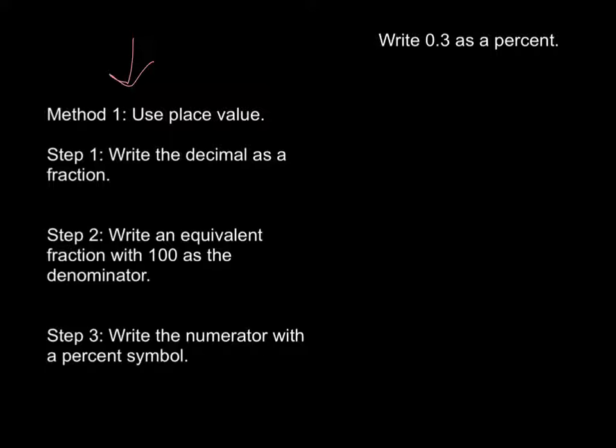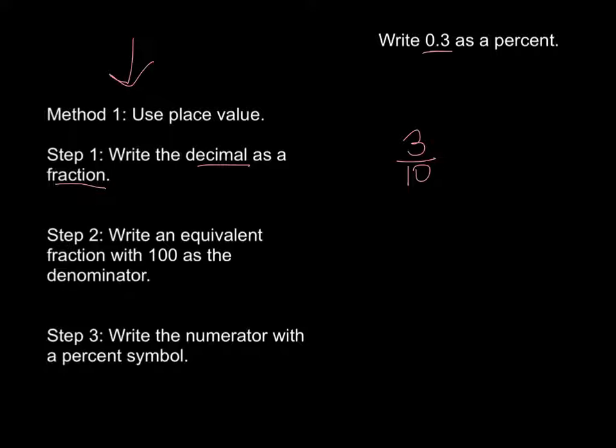So, first thing, it says, write 3/10 as a percent. First step is write the decimal as a fraction. So this is 3/10. I would write 3/10 as a fraction like this. Okay, check. Step 2, write an equivalent fraction with 100 as the denominator.